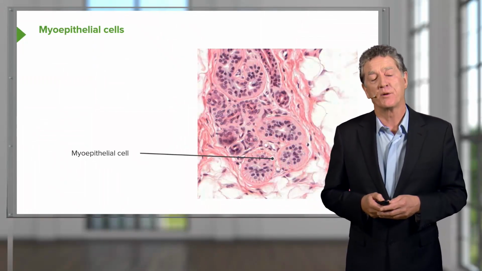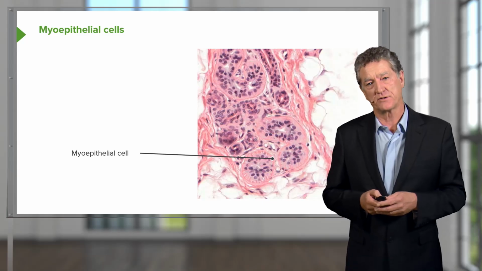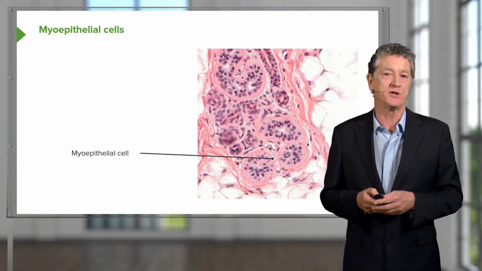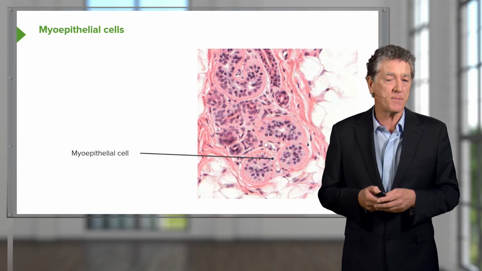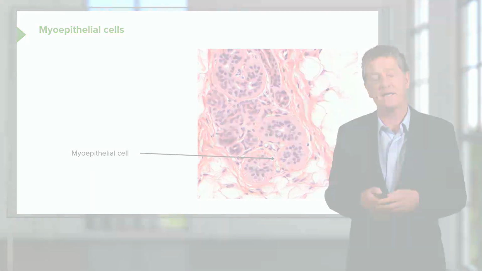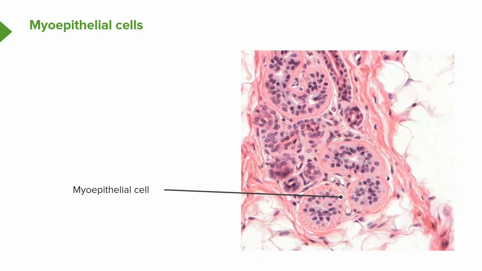They're the processes of the myoepithelial cells wrapping around the secretory units. Myoepithelial cells are very important in exocrine glands because they wrap around the secretory units and help with the secretion moving out of the cell into the luminal space.